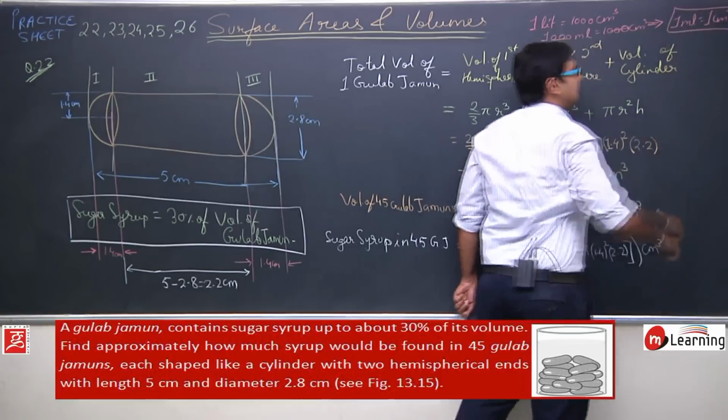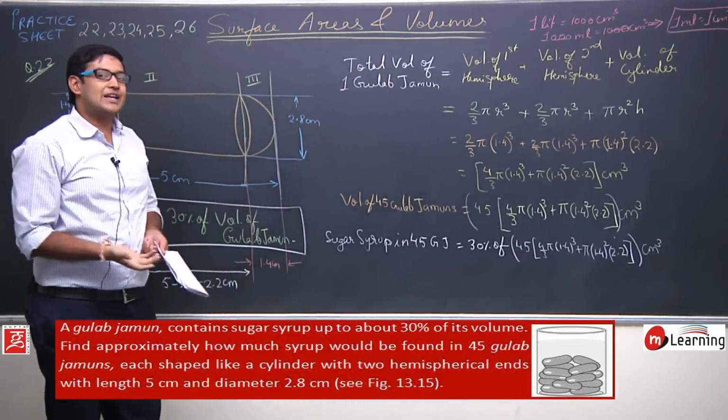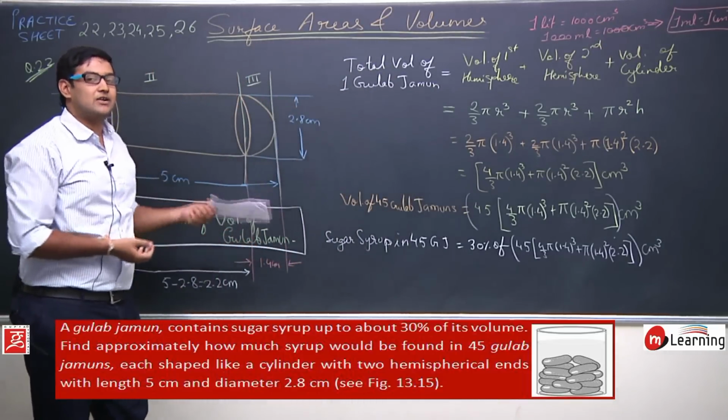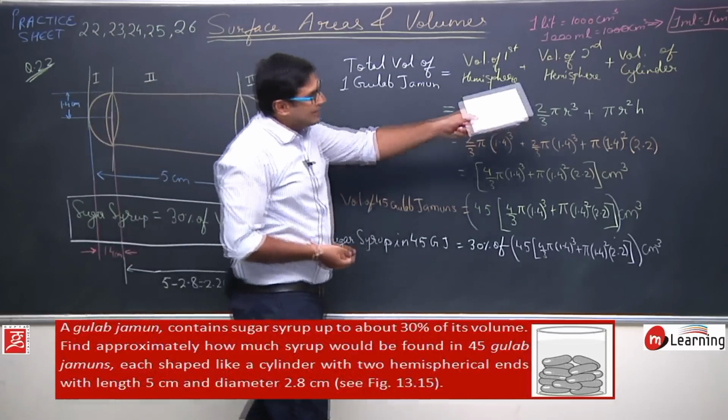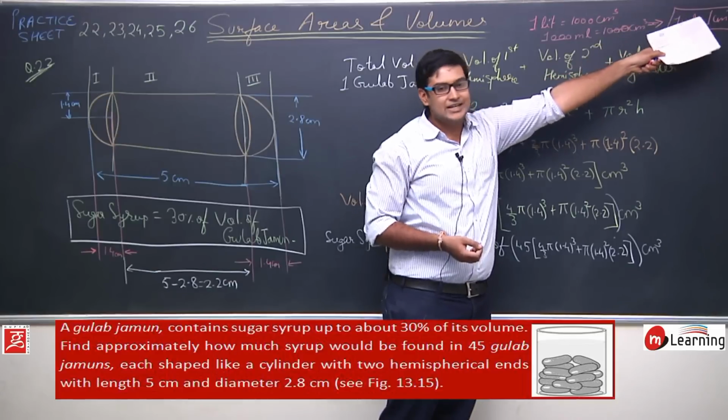So I want to write the volume of this sugar syrup in milliliters, because this is a liquid. In place of centimeter cube I can use this conversion, that 1 ml is 1 centimeter cube.